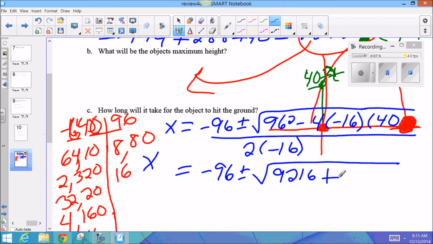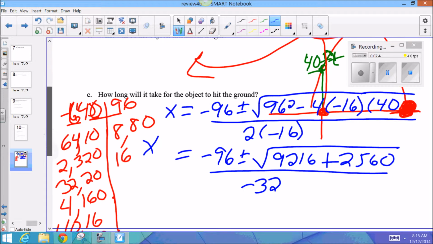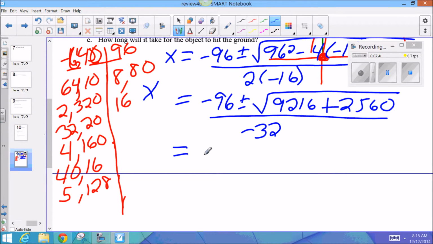This is a negative times a negative. It's going to be a plus here. 2,560 all over negative 32. Negative 96 plus or minus. Now I'm going to add those two together. 9,216 plus 2,560 is 11,776.